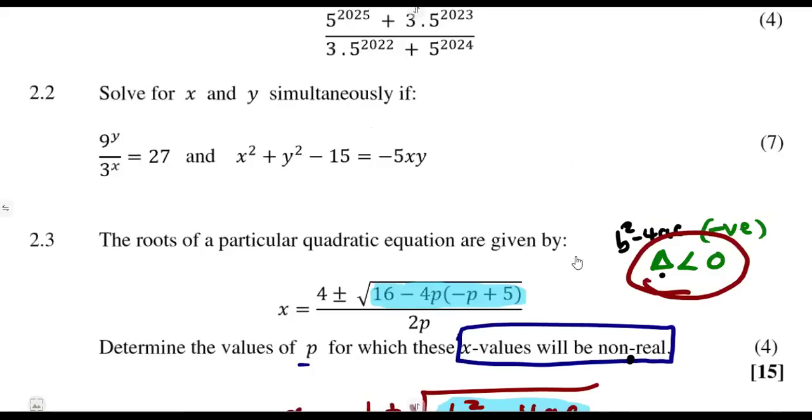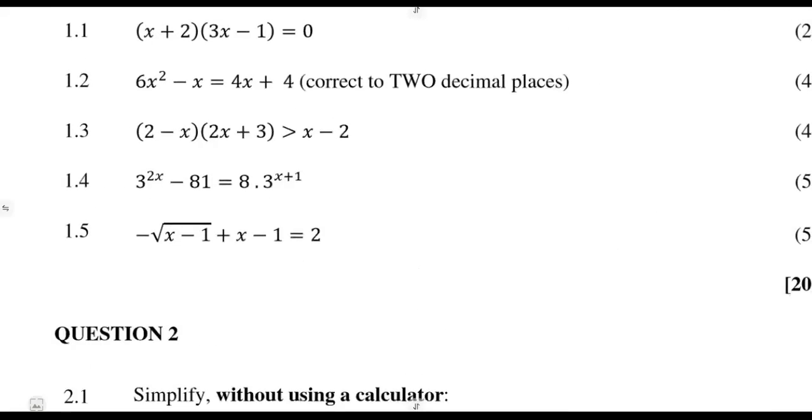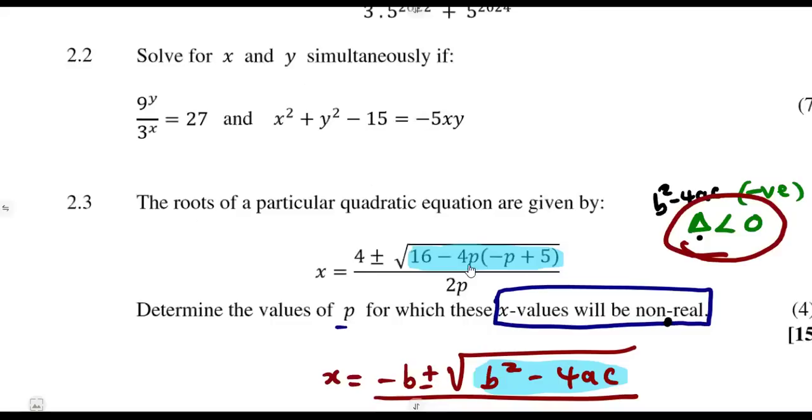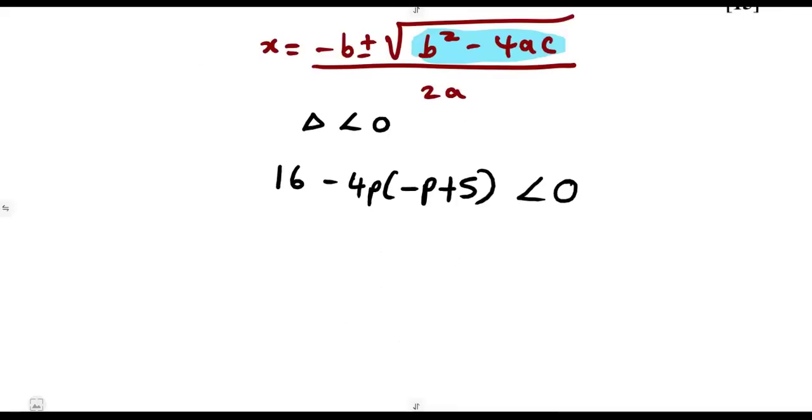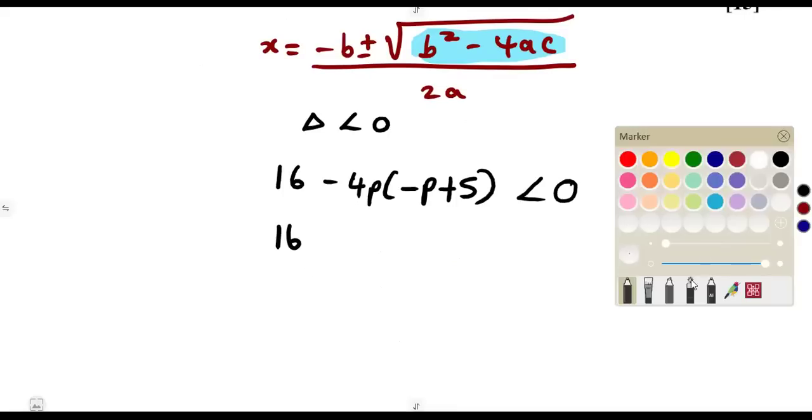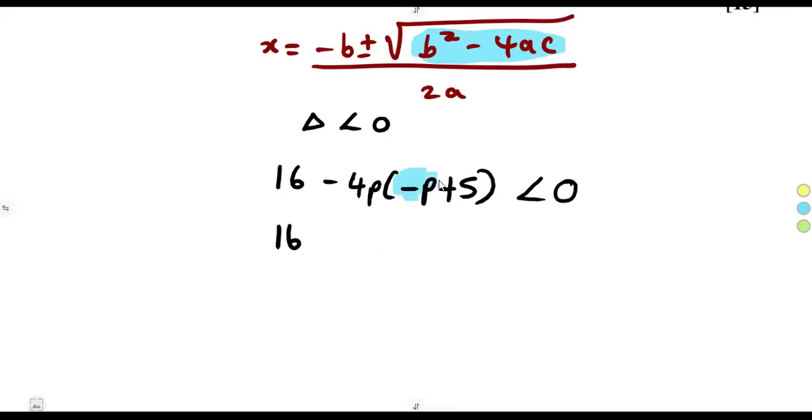So if you know how to solve this here, because this was an inequality, a quadratic inequality, it is exactly the same thing that we have here. So let's expand and see, guys. All right, that's 16 minus 4p, distribute this bracket. What are you going to have?